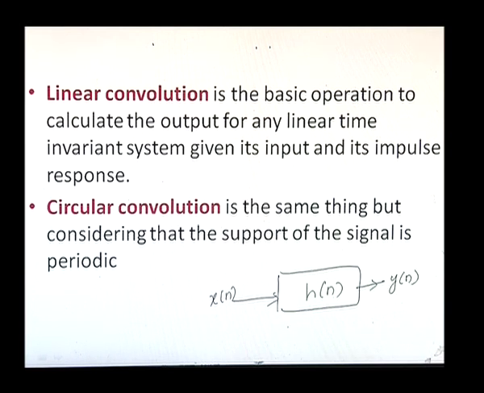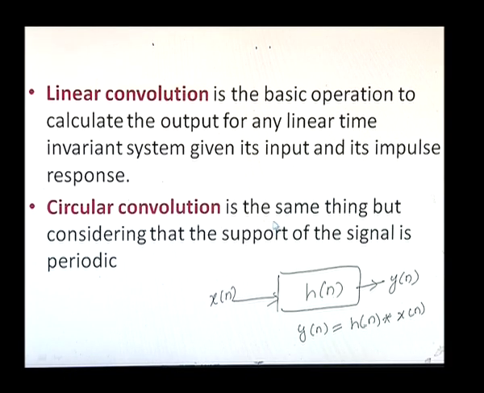We represent it as y of n is equal to h of n convolution with x of n, where this is the symbol for convolution. That is, output depends on the system response based on the input signal. Y of n is equal to h of n convolution with x of n.